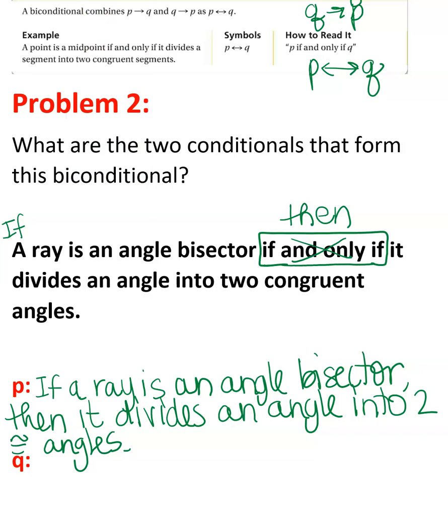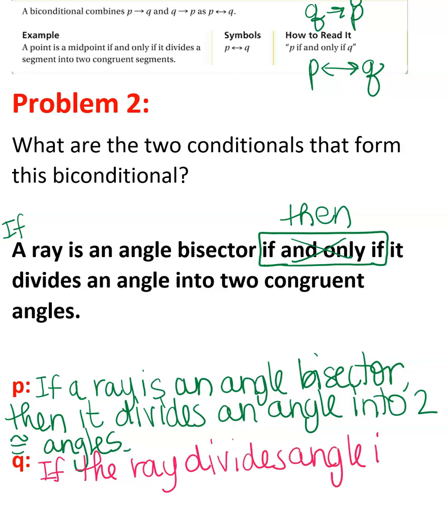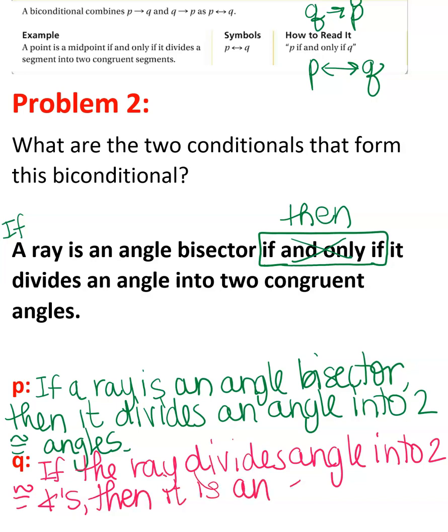So we're going to start with the if and only if, we're going to replace it with if. So if the ray, be specific on this part, divides an angle into two congruent angles, then it is an angle bisector. So make sure that if you're flipping it around and it has the word it in there, you do have to be specific with that if it's written first.